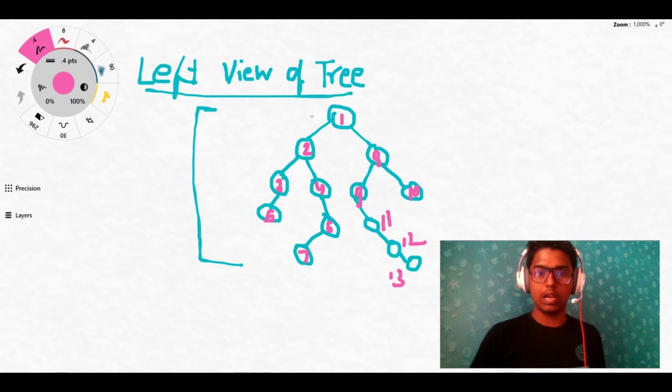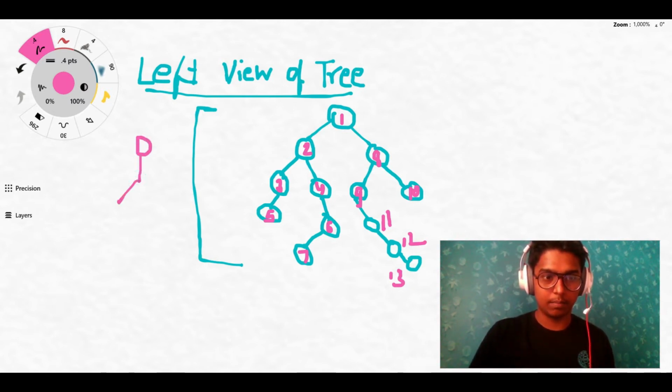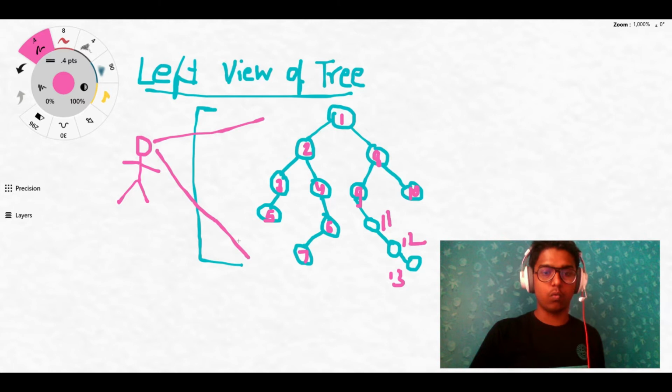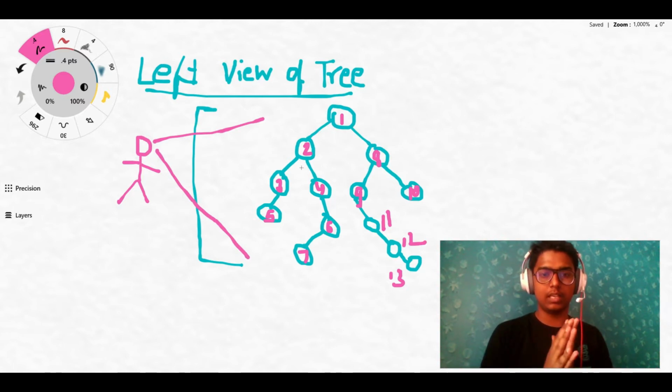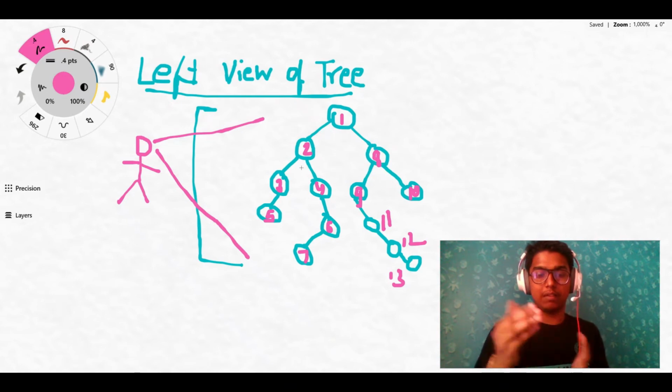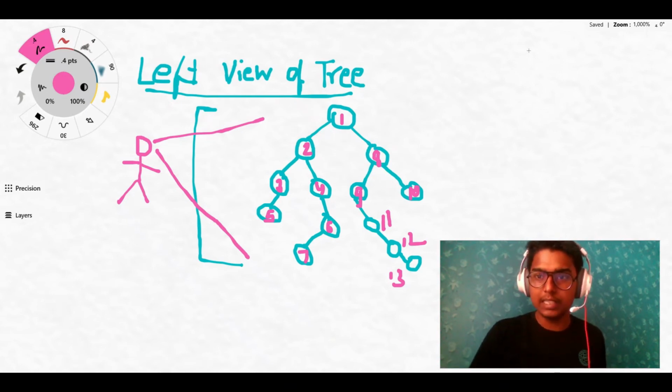For the left view, a person is sitting here looking at this tree. What will be the values that he will be seeing? Firstly, he will be seeing 1, then he will come downward.